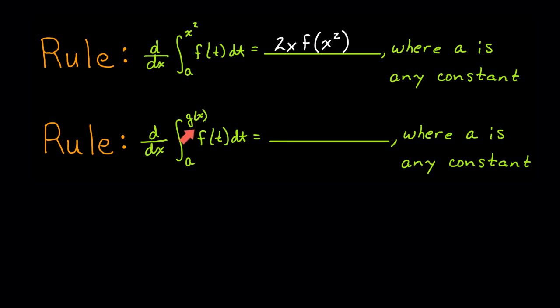Now, an even more generic term, because these were with x squared, this upper limit could be any function in terms of x. So a generic formula would be g prime of x, the derivative of that upper limit, times f of g of x.